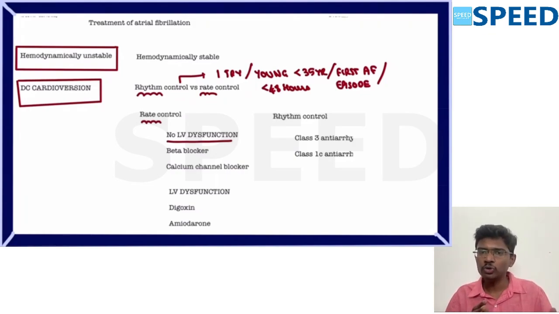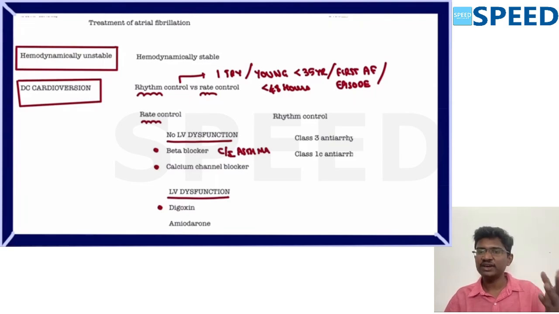So rate control, how to rate control? First, see the ejection fraction in the question. If there is LV dysfunction, then your answer should be either amiodarone or digoxin. LV dysfunction means ejection fraction less than or equal to 35%. If there is no LV dysfunction, like EF in the normal range, more than 35 to 40, then we can give beta blocker or calcium channel blocker.